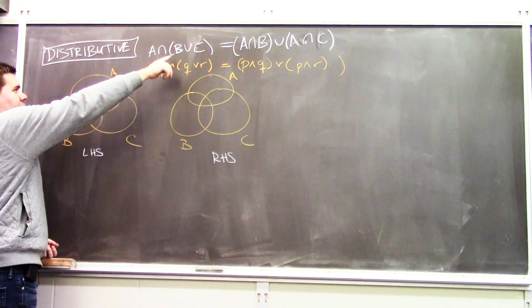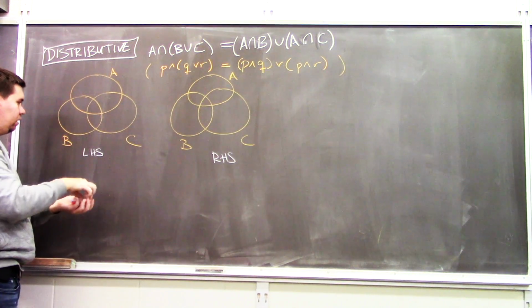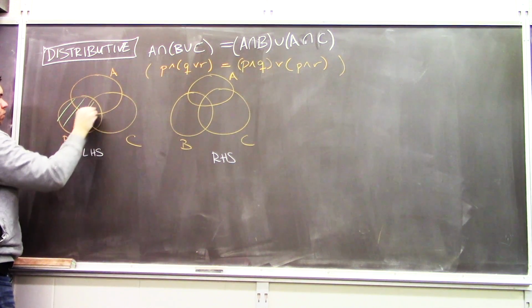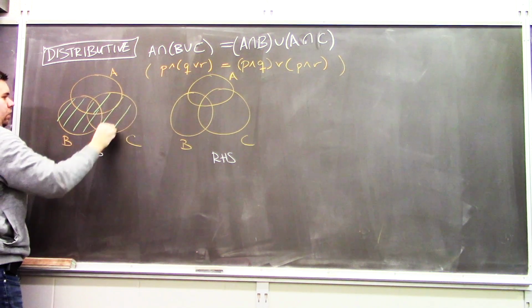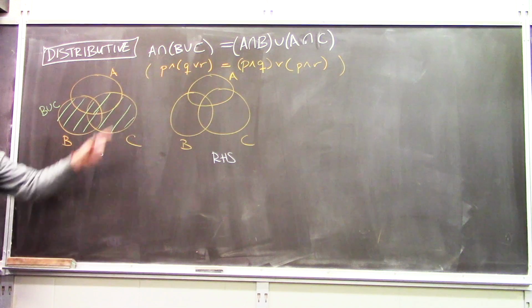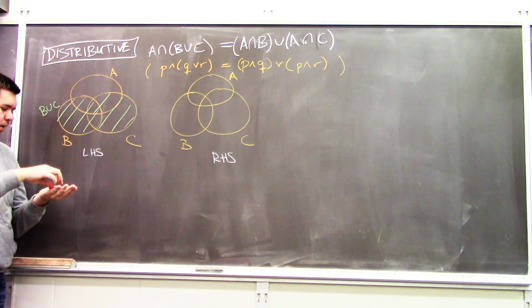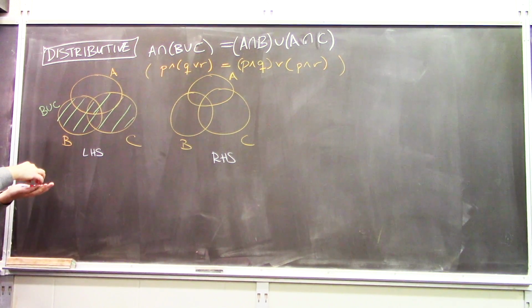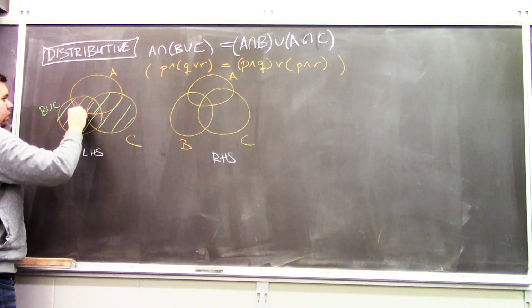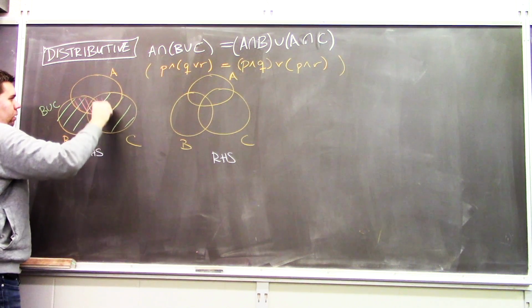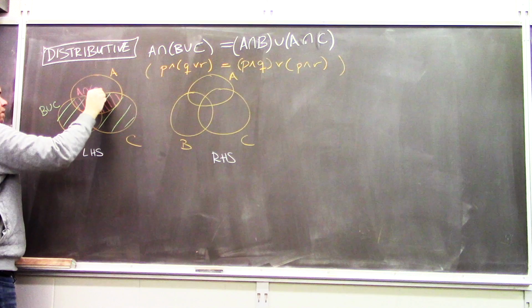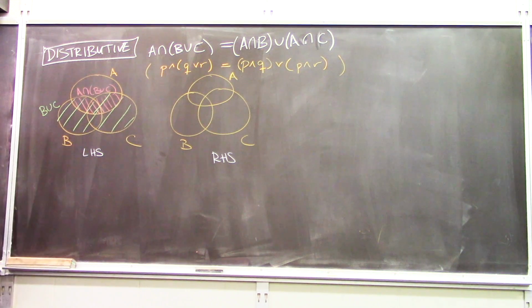On the left-hand side, you begin by doing B union C. So B union C is all of B with all of C. So here I have B union C. And then I intersect with A. And after intersecting with A, I am left with just this piece. So there's my A intersect (B union C).